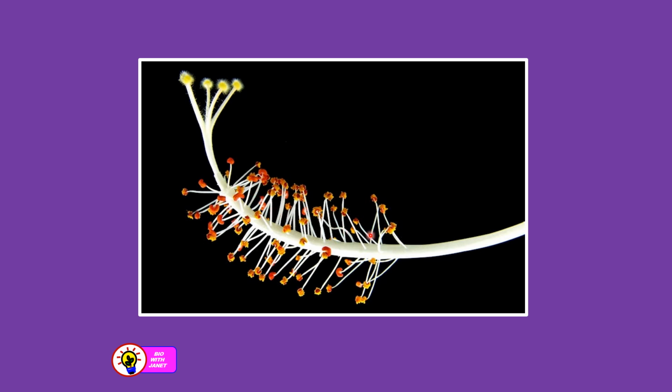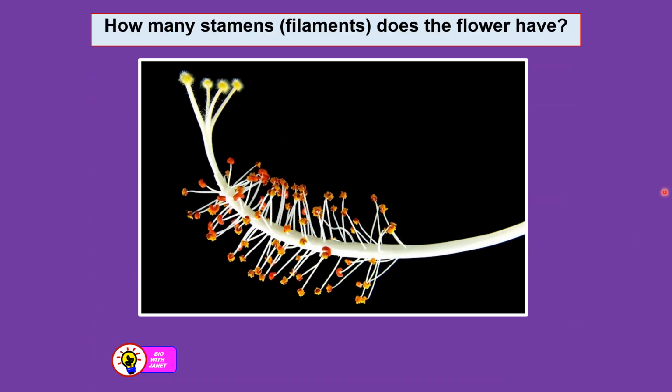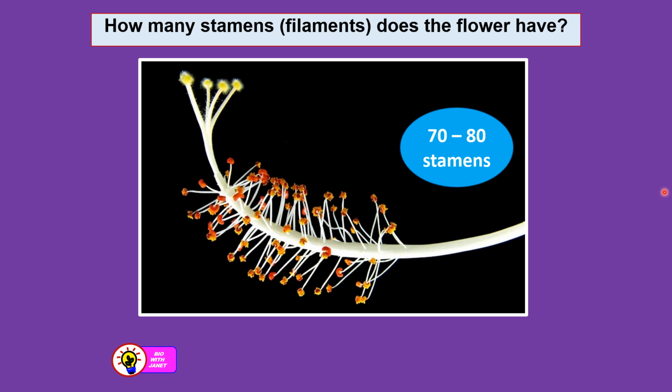You can count the number of filaments, and that will give you the number of stamens that the flower has. So how many stamens are there here? Roughly about 70 to 80 stamens, and at the top here you see 4 stigmas, but maybe there should be 5. Maybe one has dropped off or is hidden away somewhere. Okay.